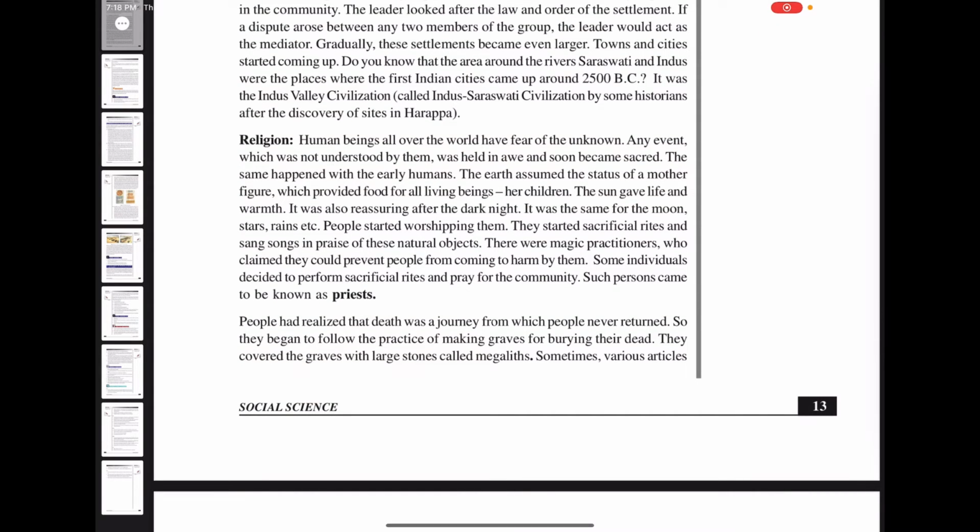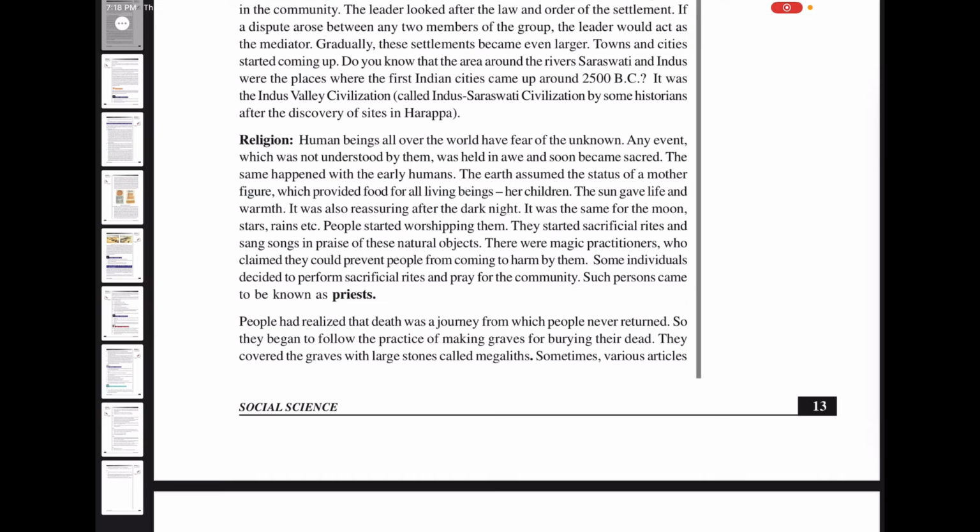Religion. Human beings all over the world have fear of the unknown. Any event which is not understood by them was held in awe and soon became sacred. The same happened with early humans. The earth assumed the status of a mother figure which provided food for all living beings, her children. The sun gave life and warmth.